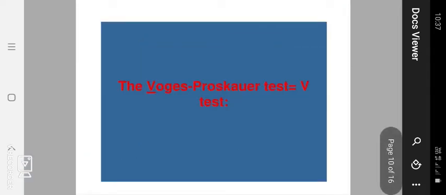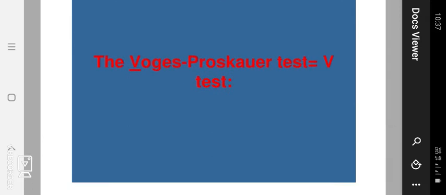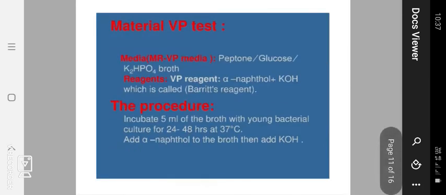The third test is the Voges-Proskauer test, the VP test. The materials: media peptone, glucose, K2HPO4, and the reagents. The procedure is to incubate 5 ml of broth with young bacterial culture for 24 to 48 hours at 37 degrees Celsius.